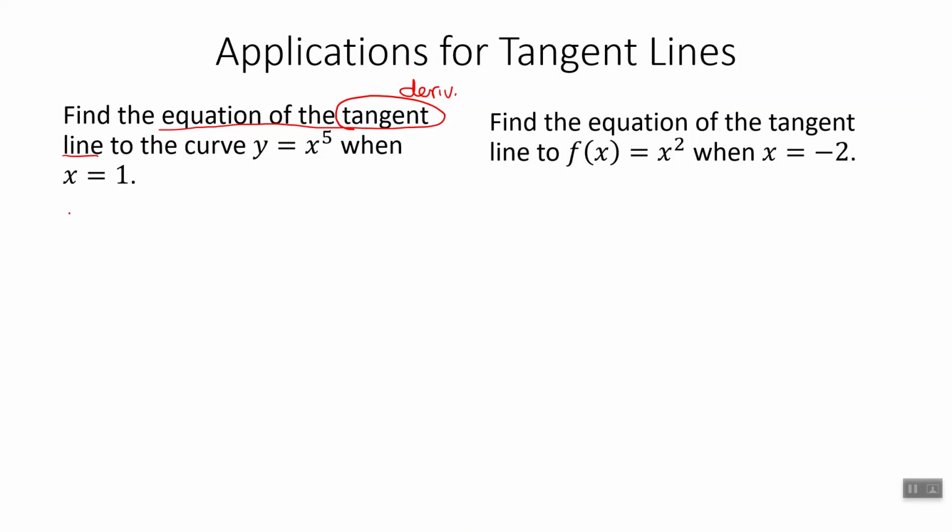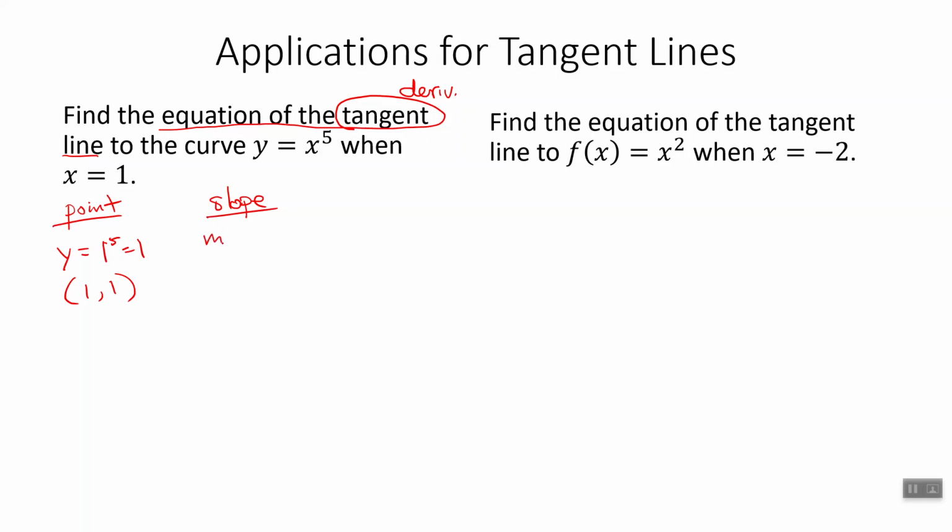All right, so to find the equation of a line, we need a point and we need a slope. To get the point, we plug into the original. So our x value is 1, so we get 1 to the fifth equals 1. So we get the point 1, 1. So there's our point, 1, 1. To get the slope, well, we need a derivative.